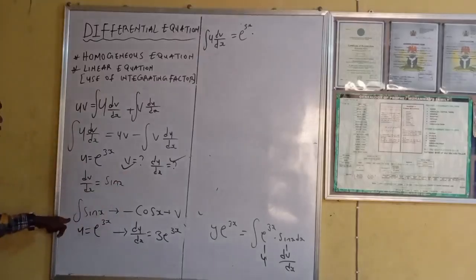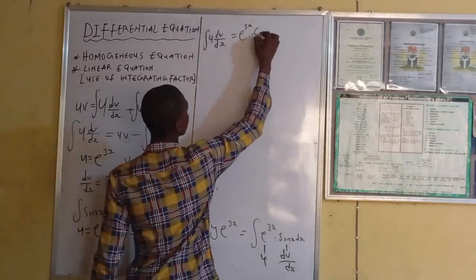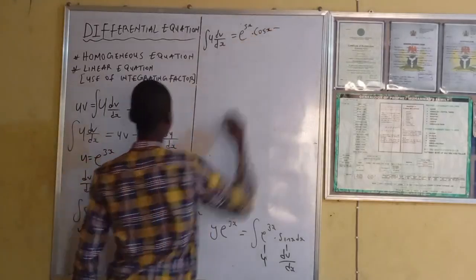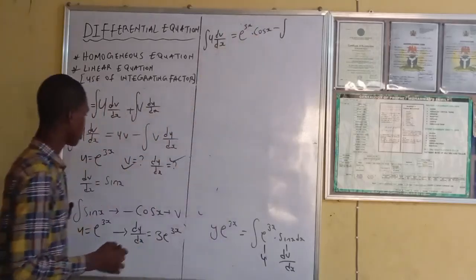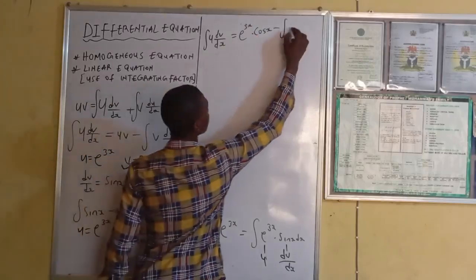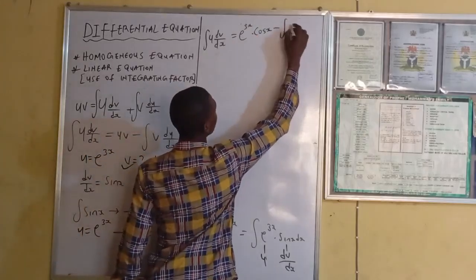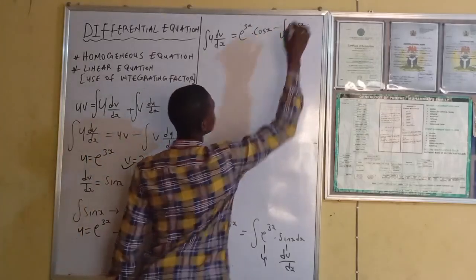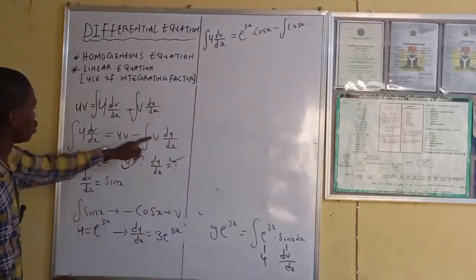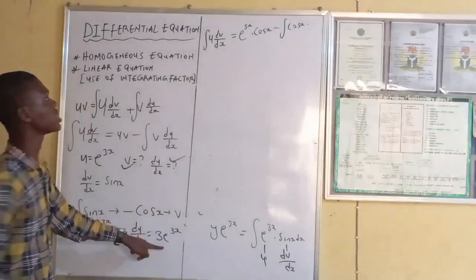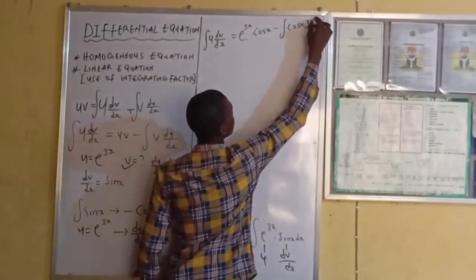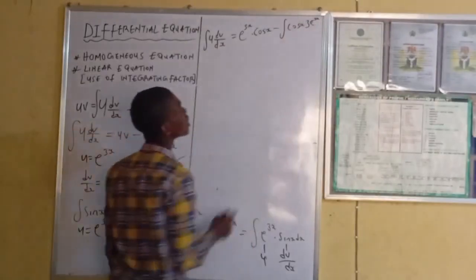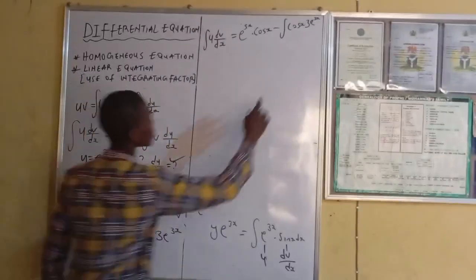I integrated dv over dx to get v, that's minus cos x, minus integral, what's v? Minus cos x, dot du over dx, 3 exponential 3x.